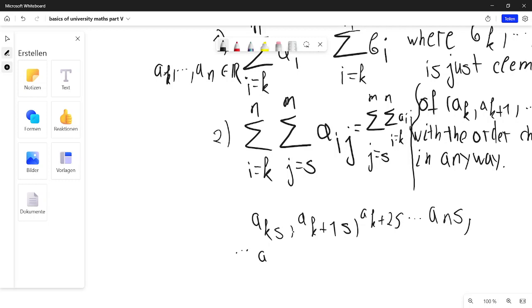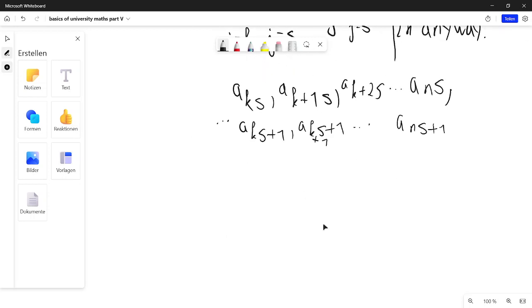And we go via a_k s+1, a_k s+2, could continue until a_n. Wait, it's wrong because I want to keep that fixed now. Right, a_{k+1} s+1, and we are keeping the second one fixed, and so on, right?